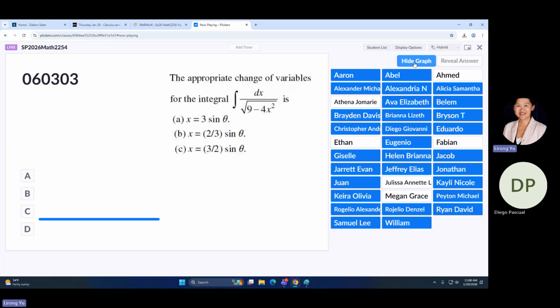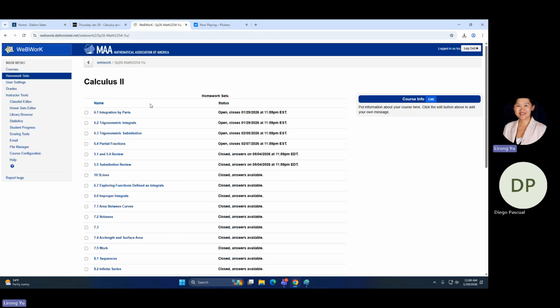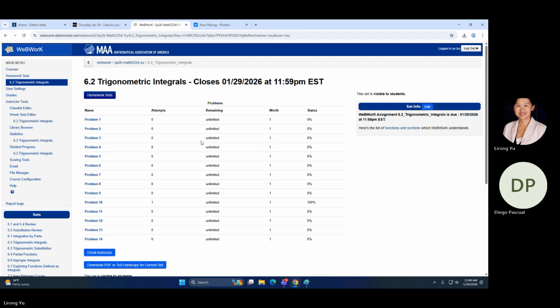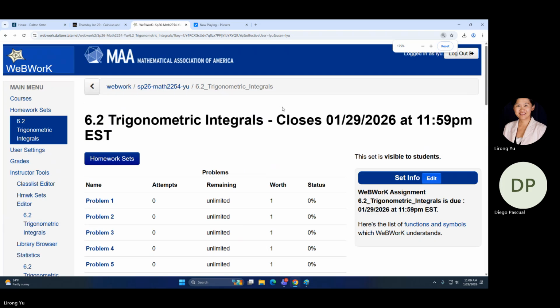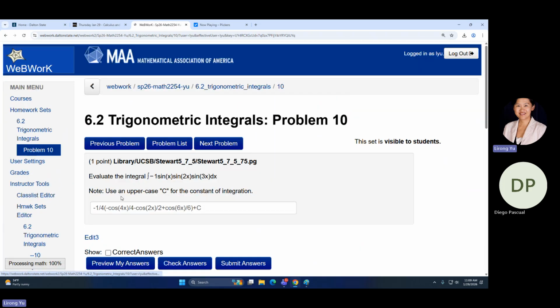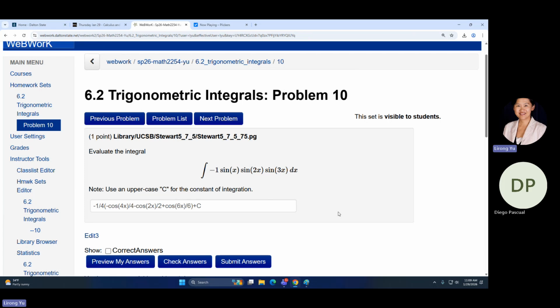So what about 6.2? Any question from 6.2? Homework question. Question 10. Question 10 on which section? 6.2. Okay. This is the wrong one. I'm looking for the one with limits.